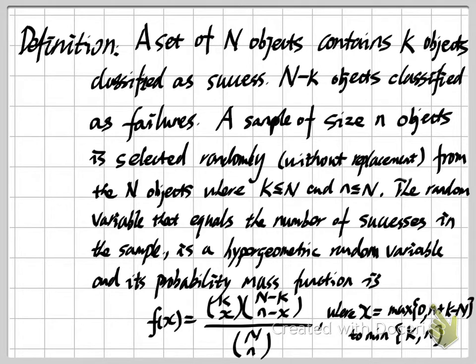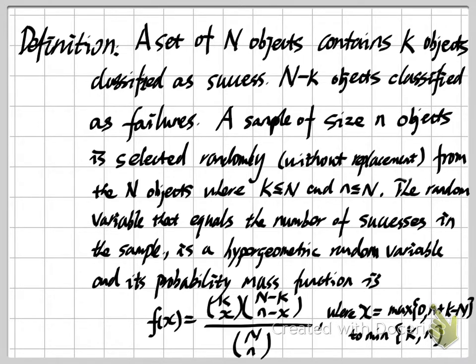And of course, similar to our previous videos, I want to give the PMF, the probability mass function, of this random variable. So the PMF of this hypergeometric random variable looks like this. In the numerator, there are two combinations multiplied together. The first one is k choose x. That means x is the number of successes in our sample, right? So the first combination means that among these k successful items, we select x of them.